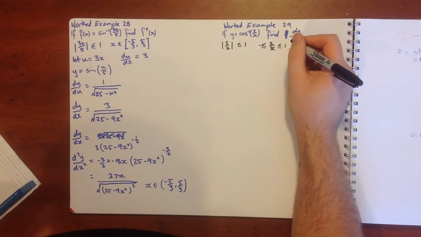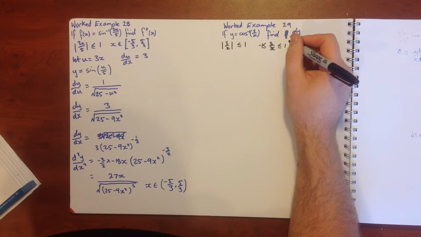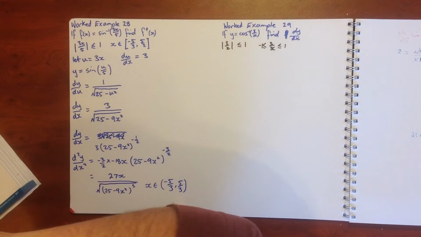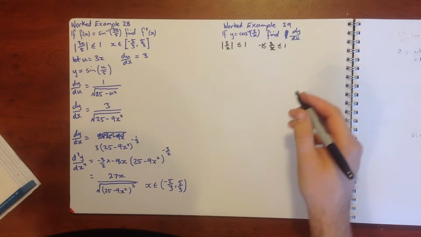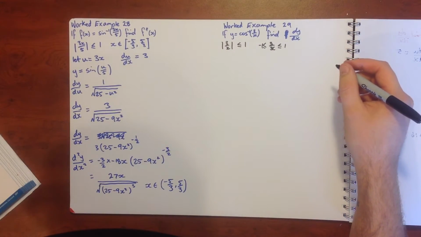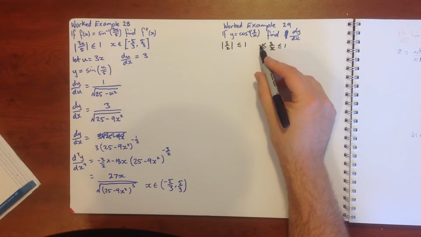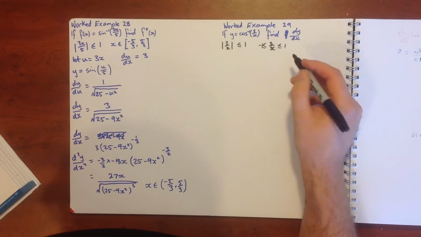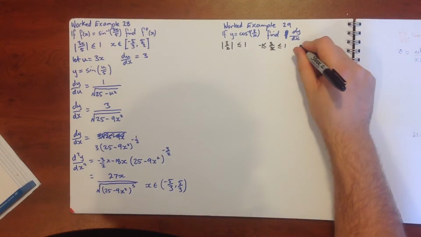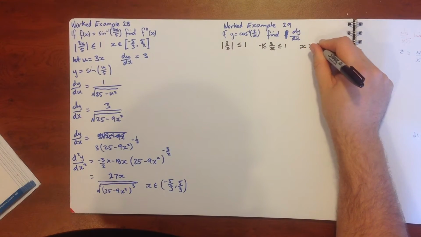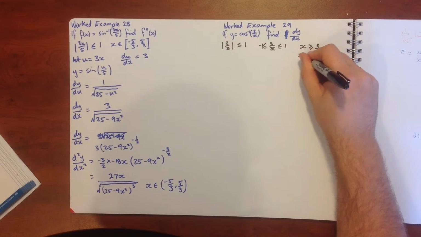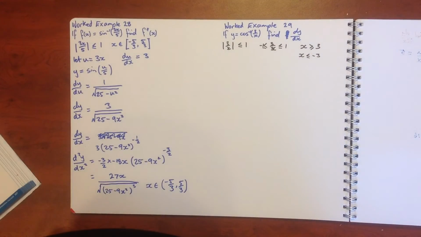Okay, so when we do that, we end up, because we've got times across and then rearrange, we end up getting that x is greater than or equal to 3 and x is less than or equal to negative 3.